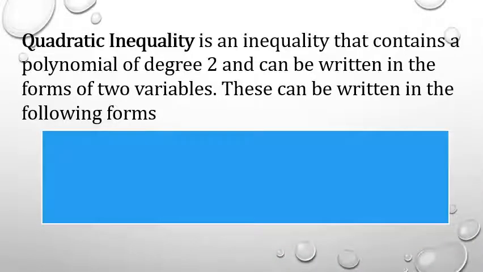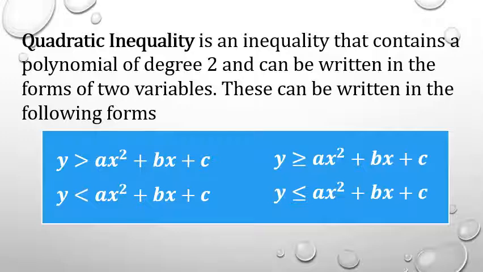So, quadratic inequality is an inequality that contains a polynomial of degree 2 and can be written in the forms of two variables. This can be written in the forms y is greater than ax squared plus bx plus c, or y is less than ax squared plus bx plus c.